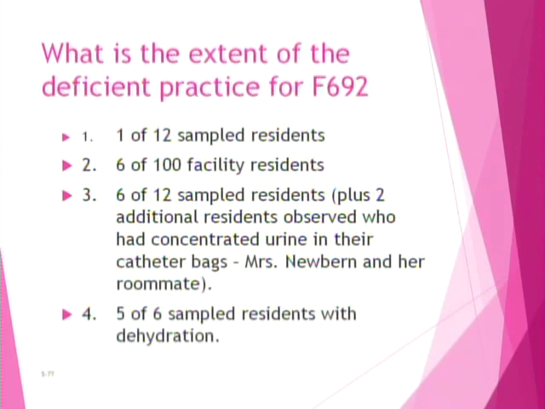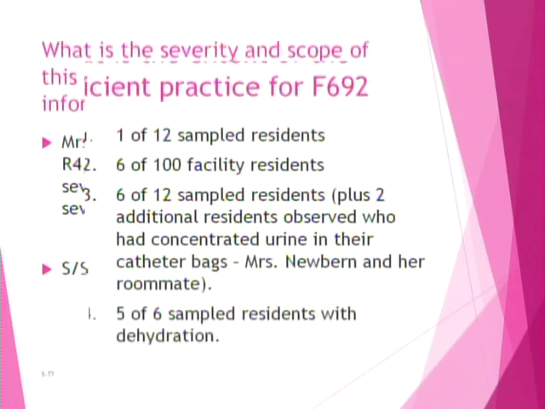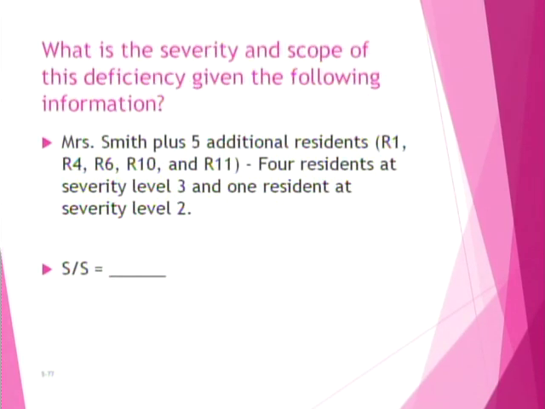All right. And I gave you a form that you can kind of see the big picture for other residents for dehydration. So what is the severity and scope of this deficient practice given the following information? Mrs. Smith plus 5 additional residents, 1, 4, 6, 10, 11. And actually it was 5 residents at severity level 3 and 1 resident at severity level 2.